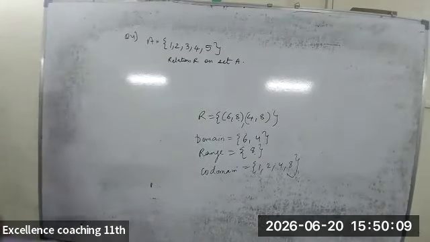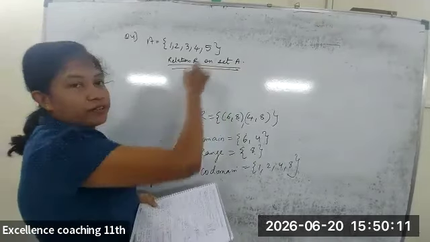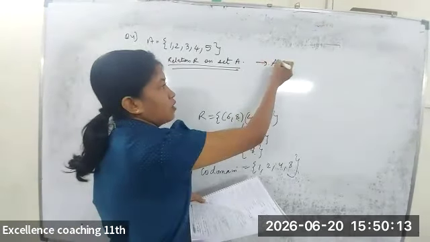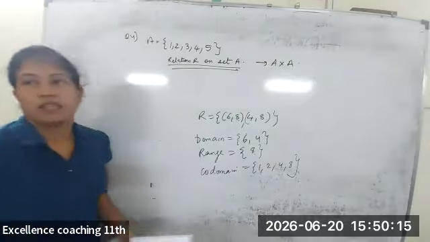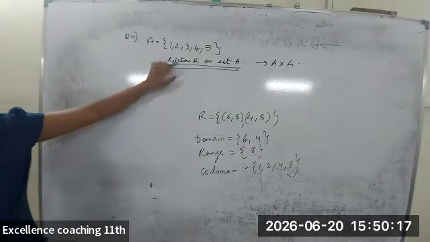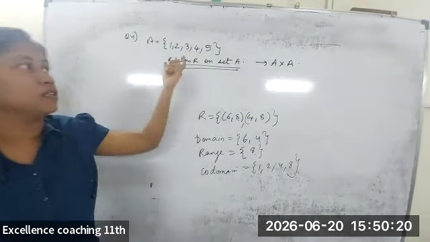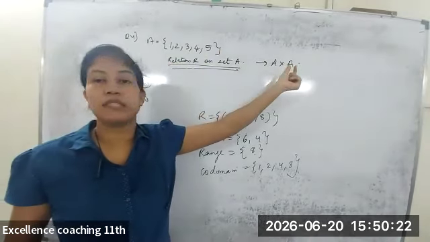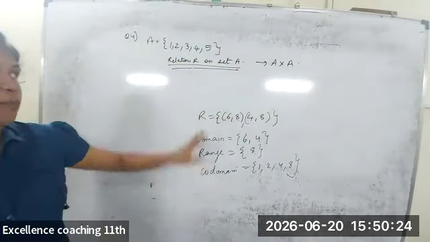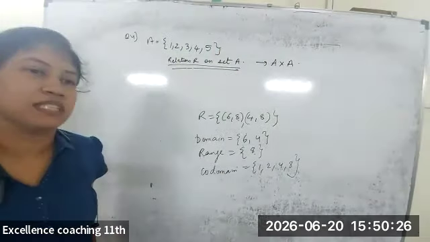So in this type of case, relation on set A only it is saying. So it basically means A cross A only. B is not there. A is related to A only. When there is no B present, it means it is going to be with itself.